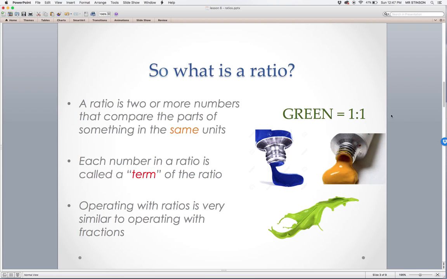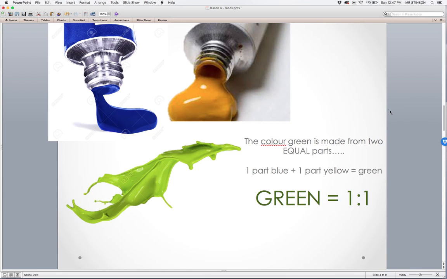And we would write this ratio as 1 to 1. Again, a ratio must be expressed in equal parts. 1 part blue and 1 equal part of yellow would make green and be expressed as a ratio 1 to 1.